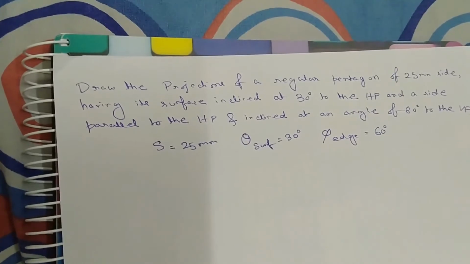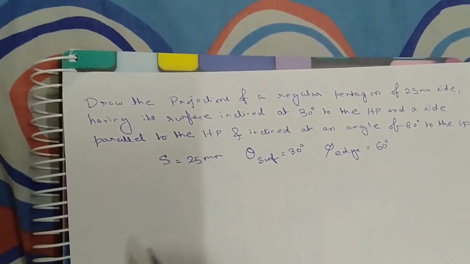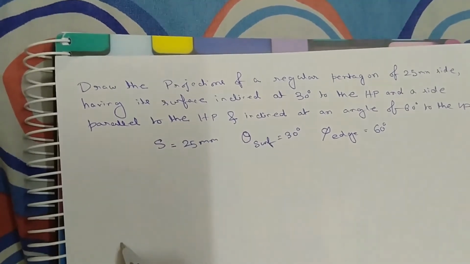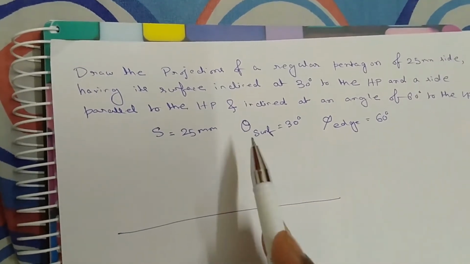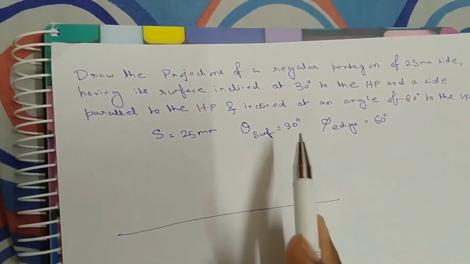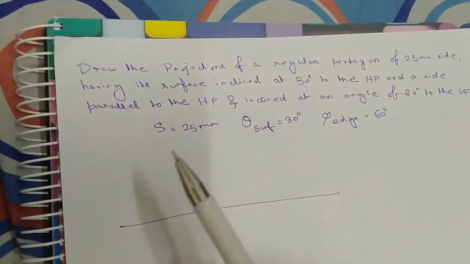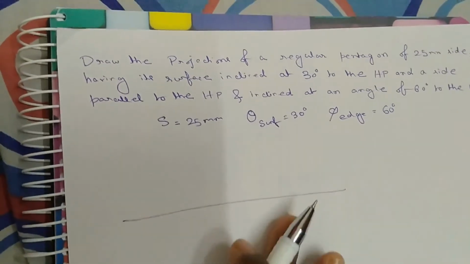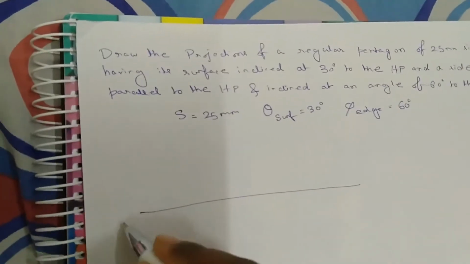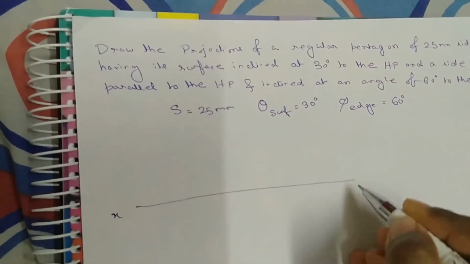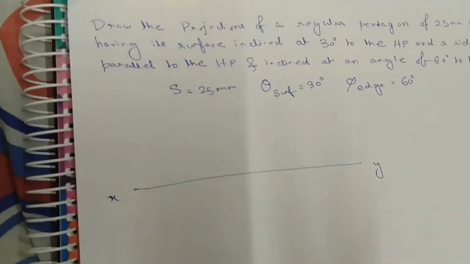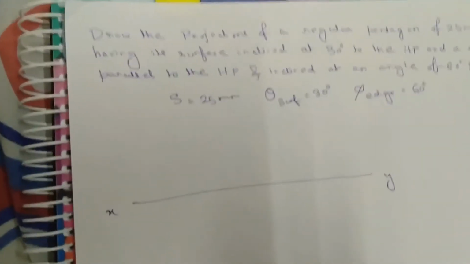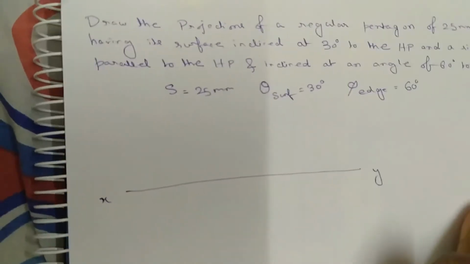So first we have to draw the pentagon. Angle is 30 degree with HP. So first we have to think about that 3 assumption. First one was initial assumption.